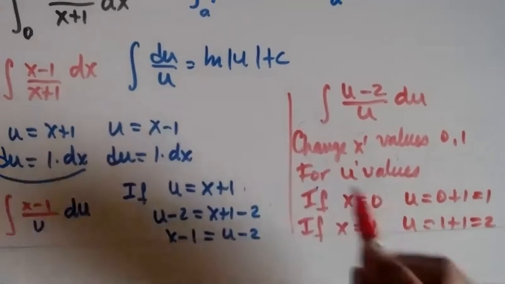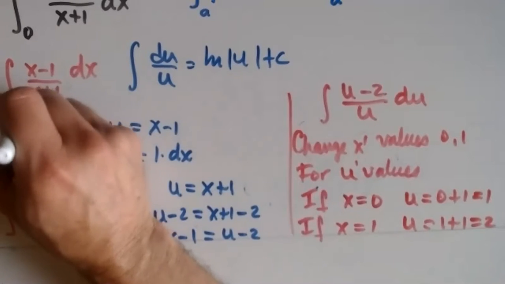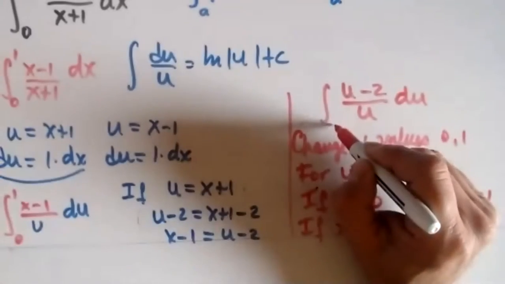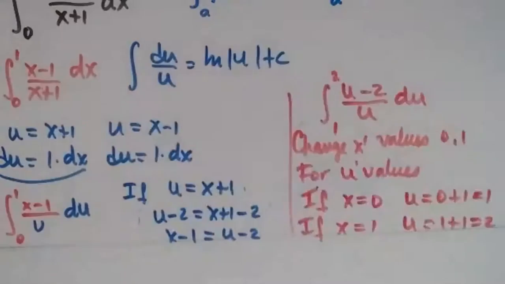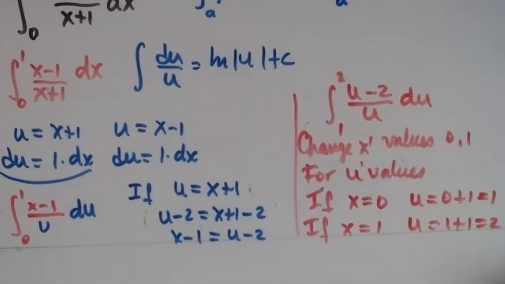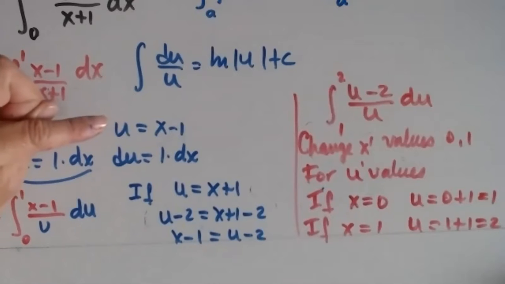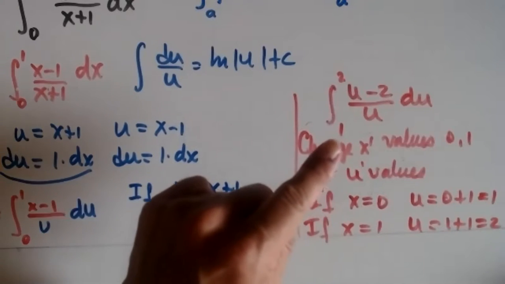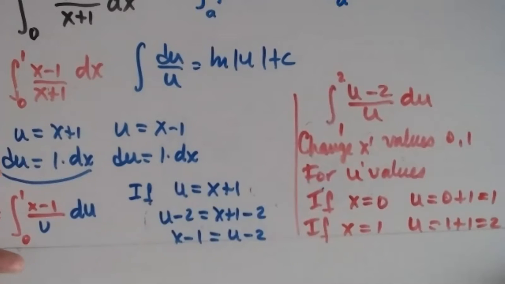So this integral, 0 to 1, here is going to be 1 to 2. This is extremely, extremely, extremely important. If you change the variable and the definite integral has limits that are x values, you have to change those x values into u values, because if you don't, you are going to evaluate a different problem.